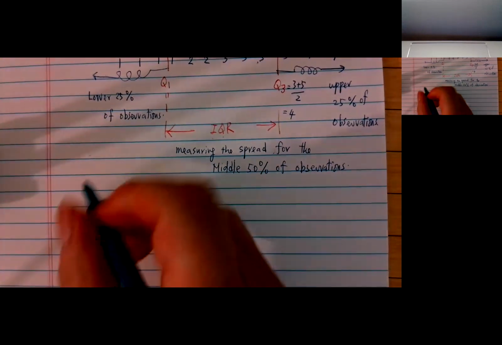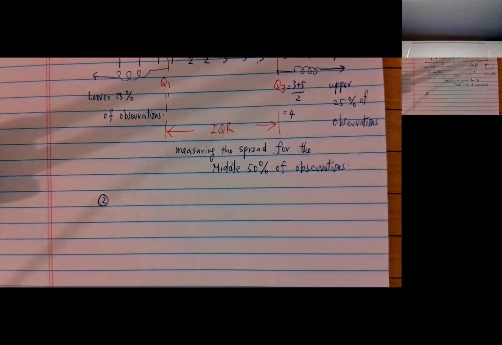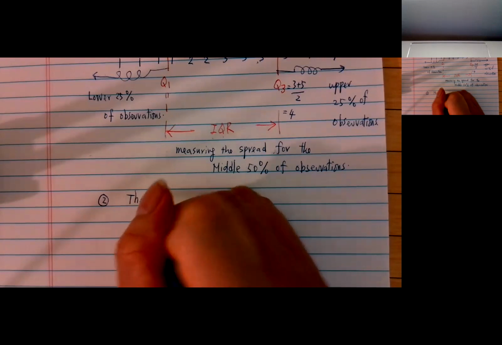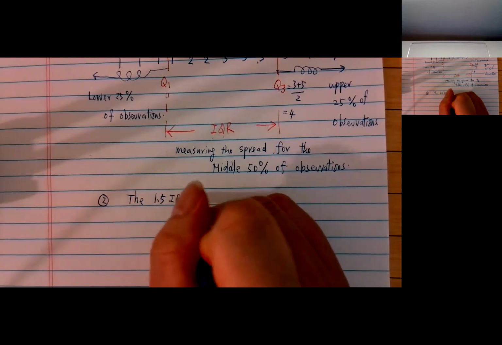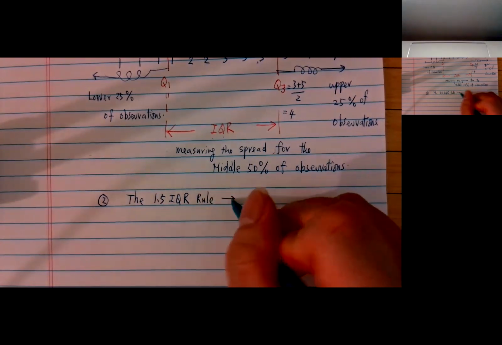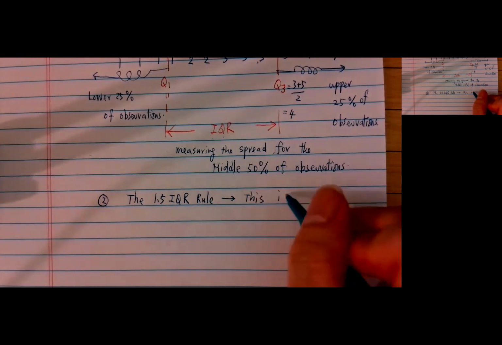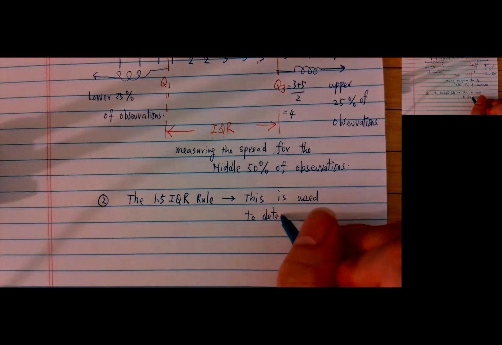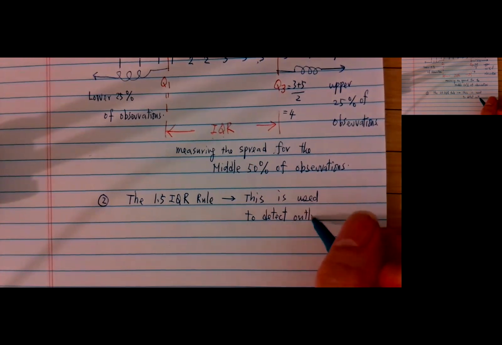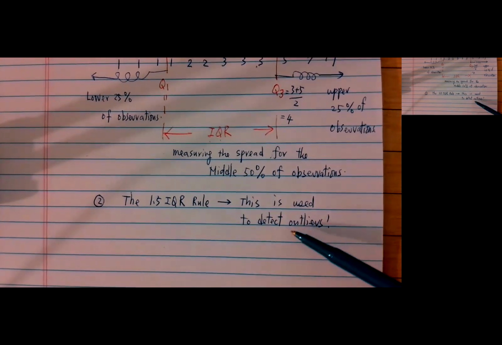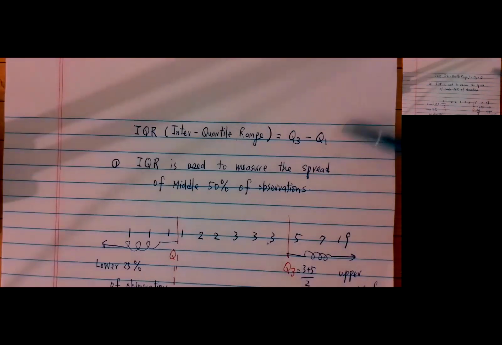Now, the other usage for IQR is a rule called the 1.5 IQR rule. This is used to detect outliers. Okay. More will be introduced after you finish copying this page.